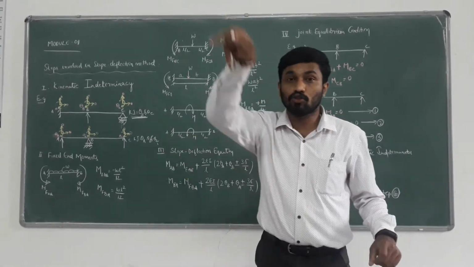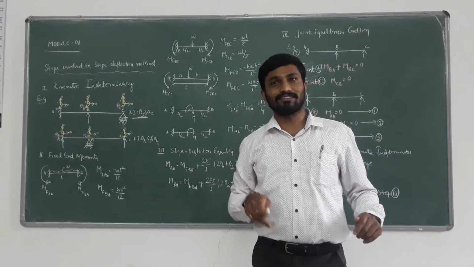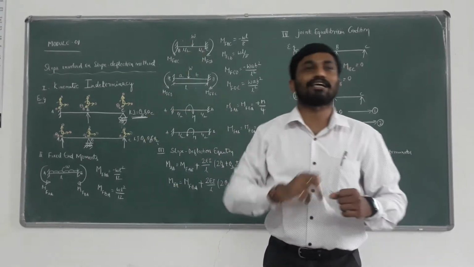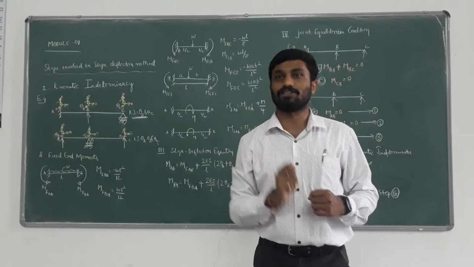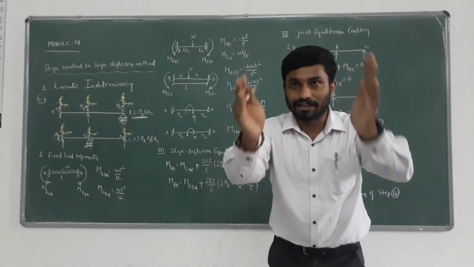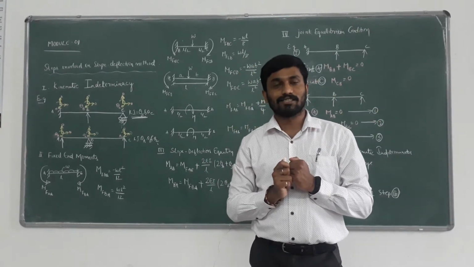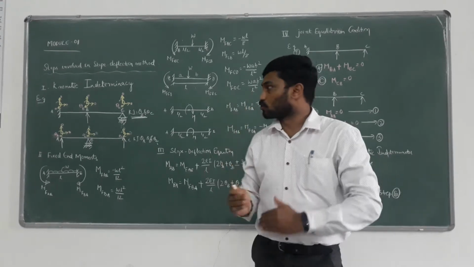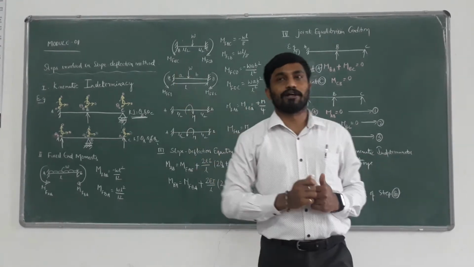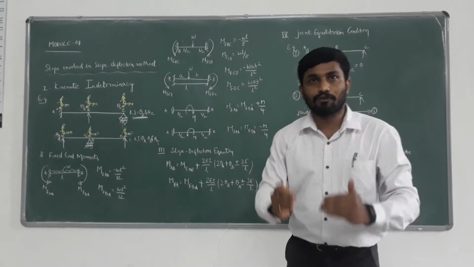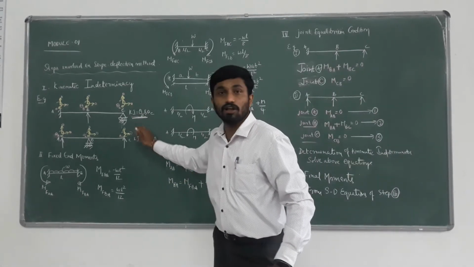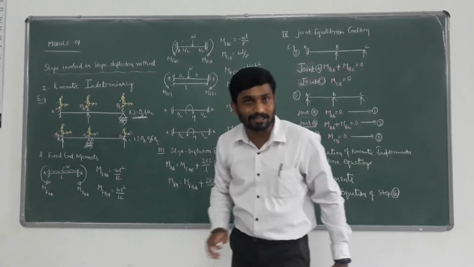Once we determine those kinematic indeterminants, we substitute them into the slope deflection equation and get the final moments. That is how to solve problems using the slope deflection method. The very first step is determination of the kinematic indeterminants.